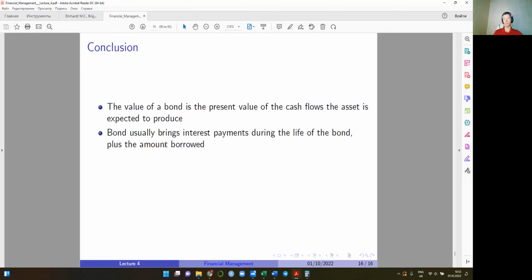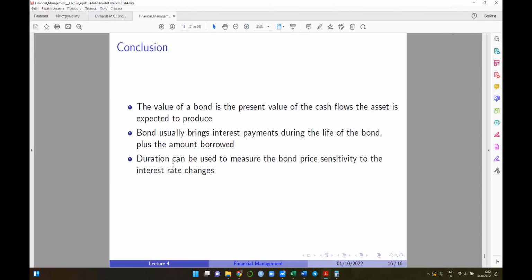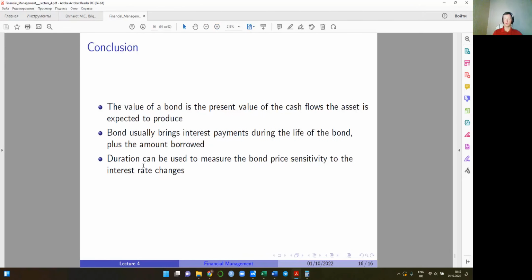So coupons plus principal. There is also a useful parameter called duration, which we can use to measure the price sensitivity of a bond. And also we can use this to approximately compute a new price when the interest rate changes.